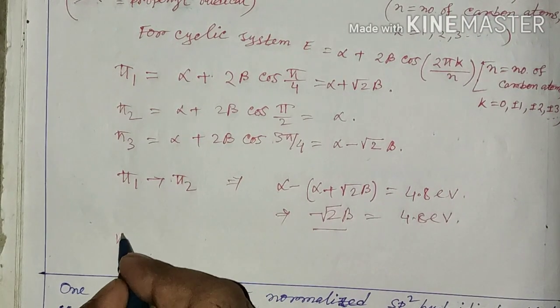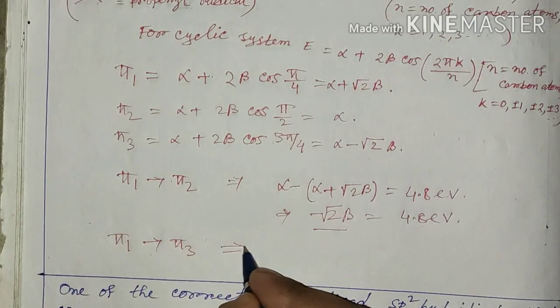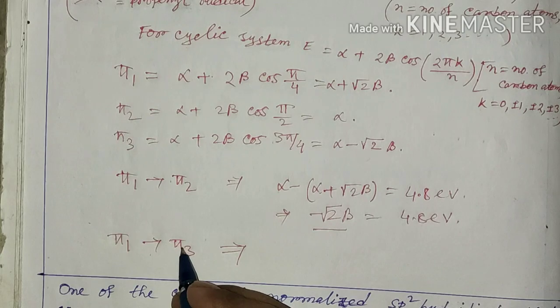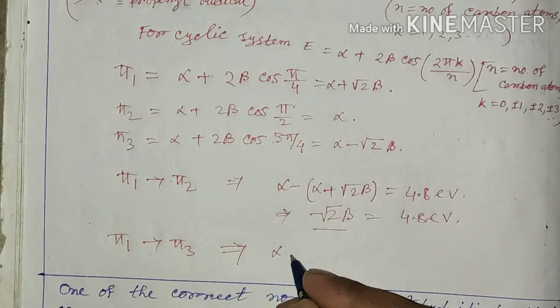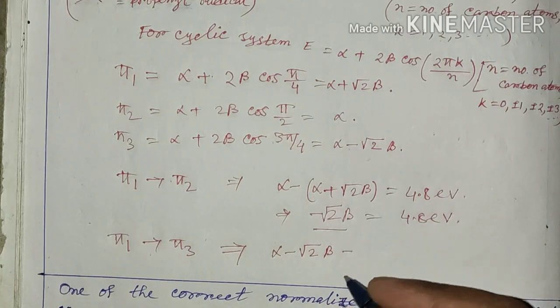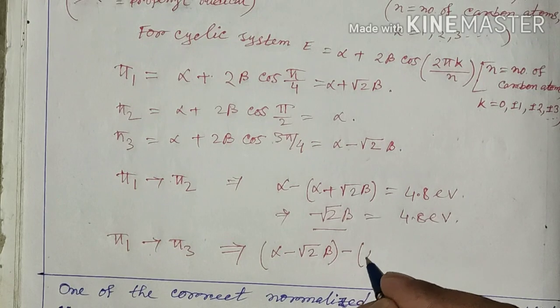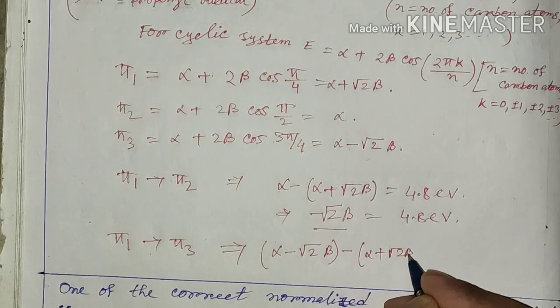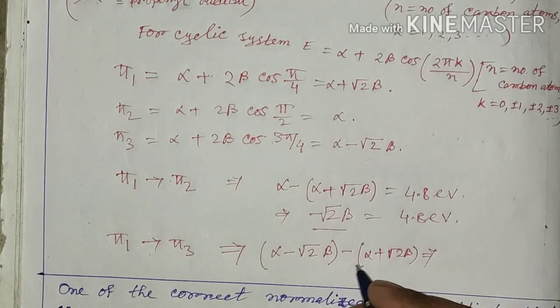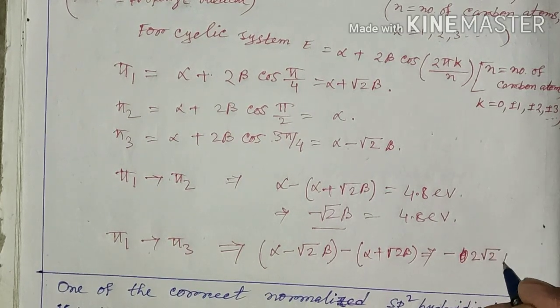We have to calculate the energy transition from pi 1 to pi 3. If we put the value of pi 3, the electronic energy difference between these two levels is equal to, and pi 1 is alpha plus root 2 beta. If we solve this calculation, it will be minus 2 root 2 beta.